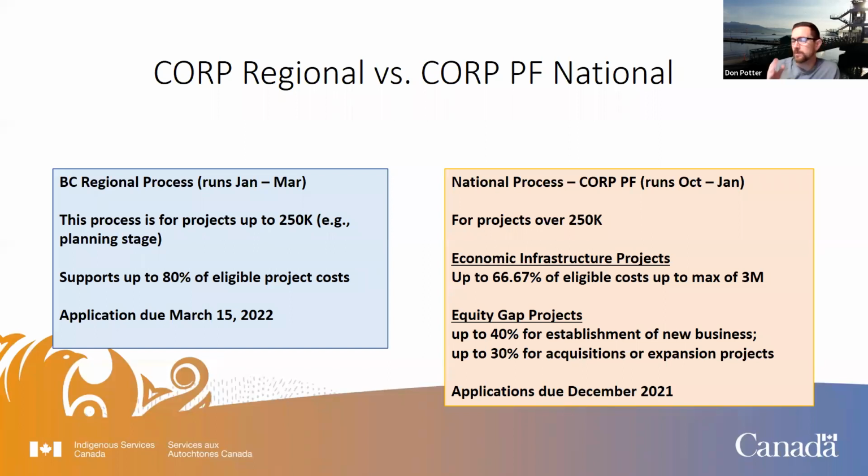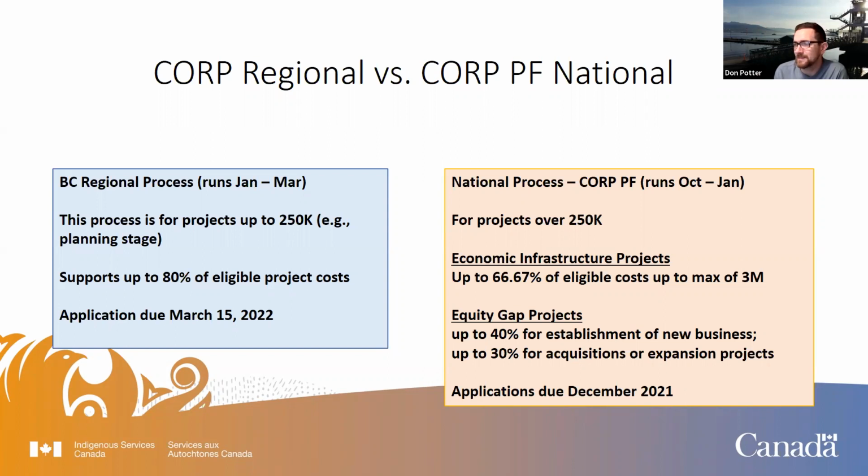When we're looking at the regional process, we're actually working towards the national process most likely. The national process, which is also called CORPF, runs from October to January. These are for projects over $250,000, for economic infrastructure, construction, and acquisition type projects.